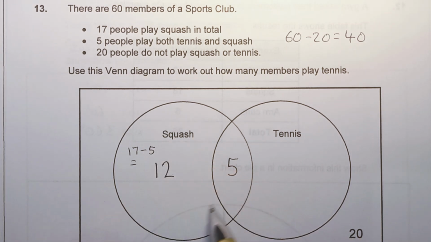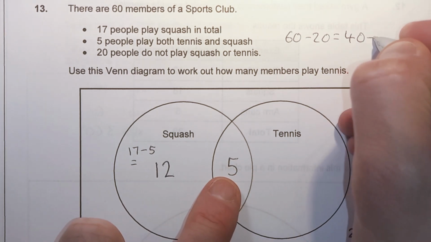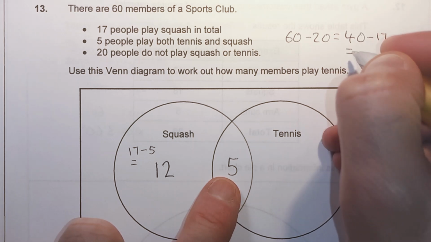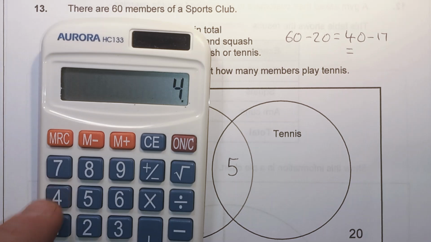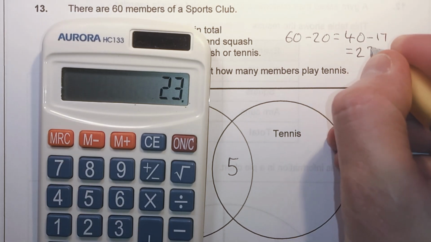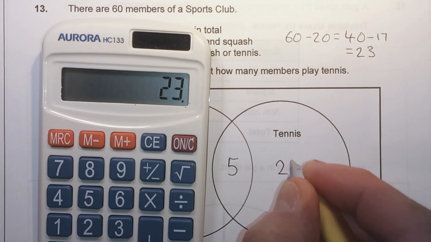We know that 17 play squash, so if we take off the 17, this is going to leave us with the ones that play only tennis, which is 23, which we can put in here.